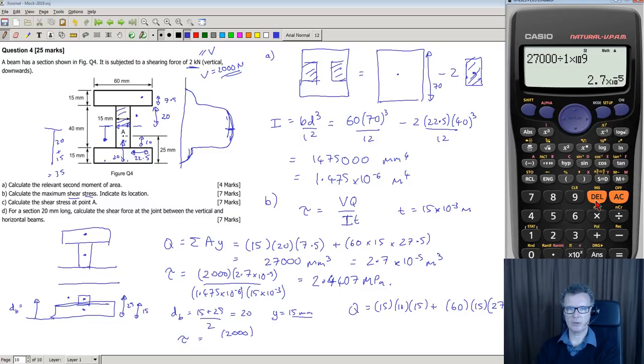D is 20, 35, the centroid there is going to be, that's right.